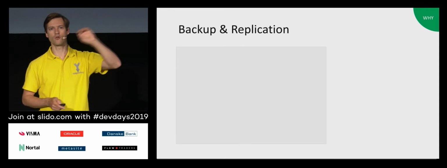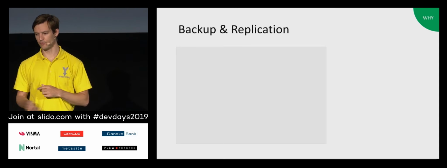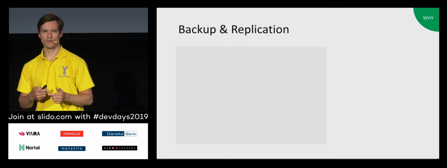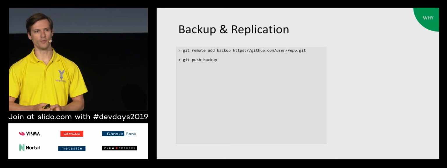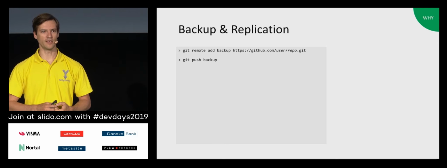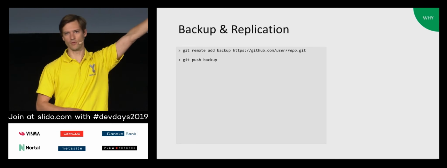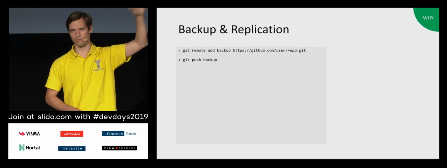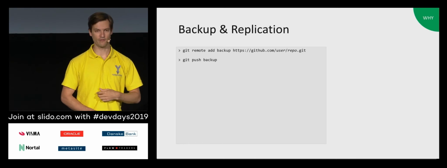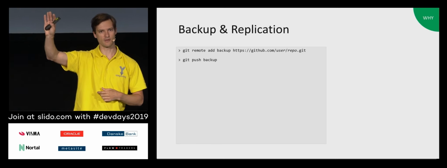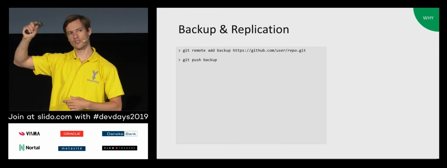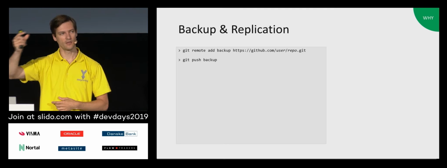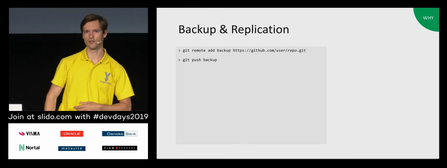You could copy the folder, which is one way of doing it, but you could do a much faster backup by simply creating a remote and pushing your changes to that remote. At that moment in time, you create a copy of your repo on GitHub or whatever other source you have, and you just push all the changes there. That way, you only push whatever has changed. So your backup is a lot faster, and it's about 2 lines of code to do that.